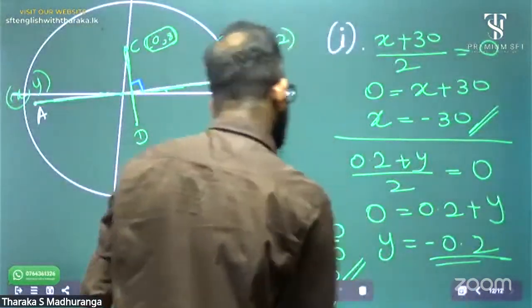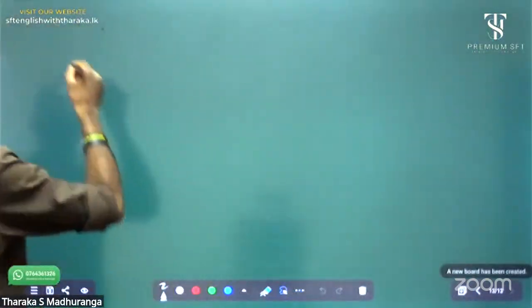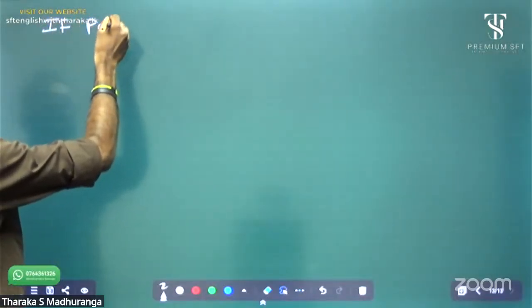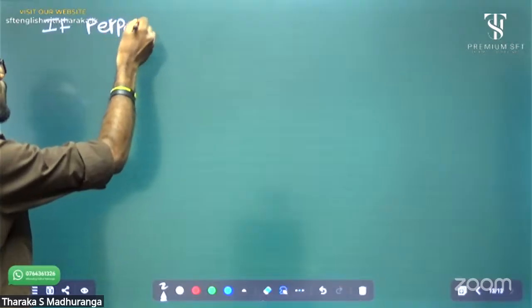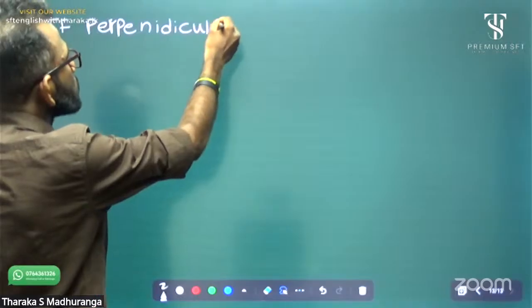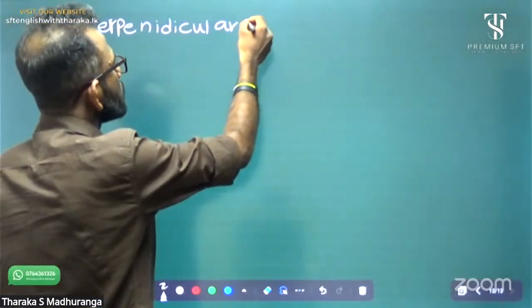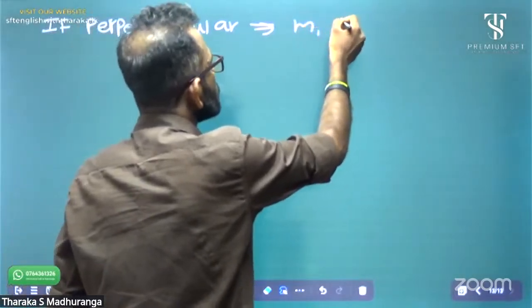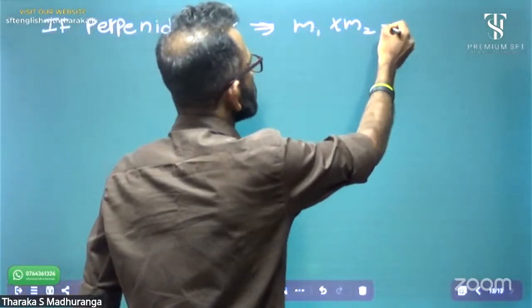If it is perpendicular, what is the concept? M1 times M2 equals minus 1.